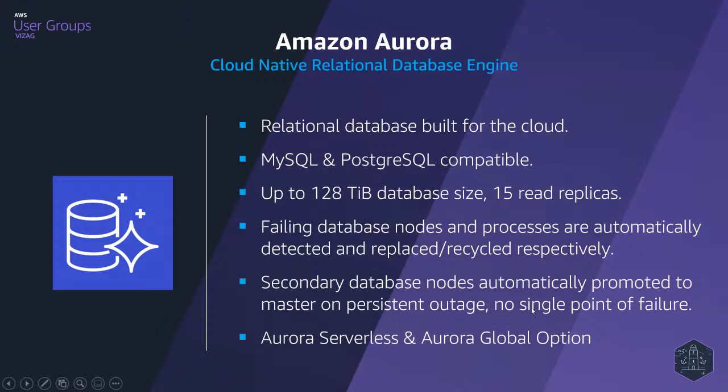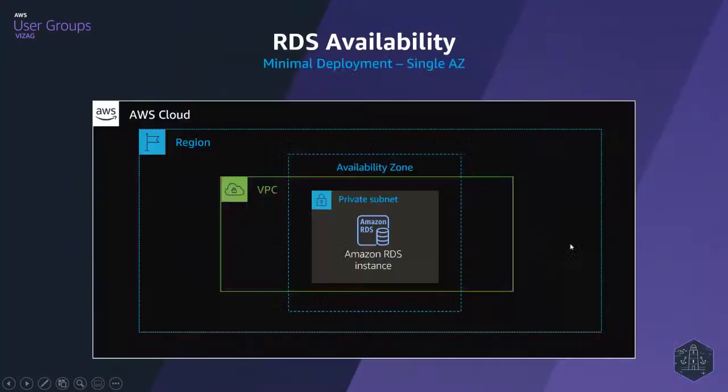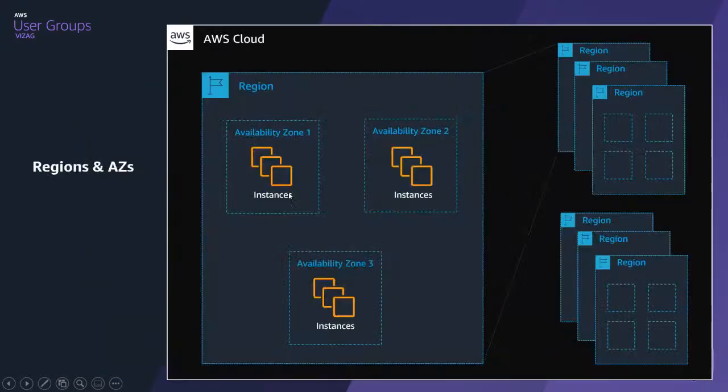The global database option will make more sense once I talk about read replicas. But essentially, the global option is where you're having a copy of your database as a read replica across a different region. So we talked about the regions and availability zones, right? So you might have, let me just quickly bring that up.